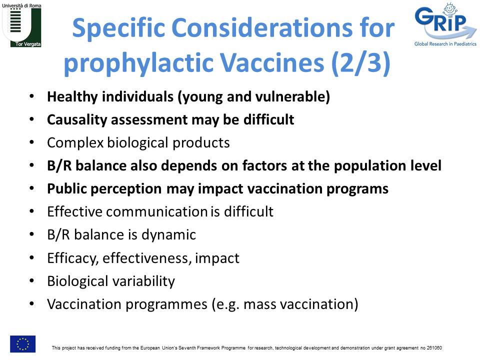The public perception may impact vaccination programs. For example, the postulated link between MMR vaccination and autism in '98. It became a major public health issue in the UK, where the coverage dropped dramatically and later outbreaks of measles and mumps occurred throughout the UK.